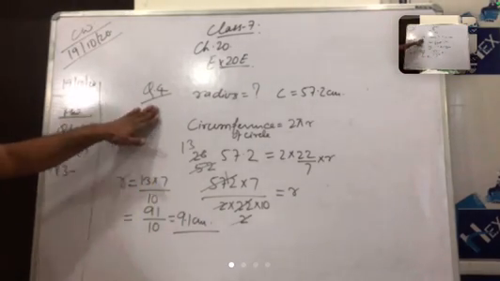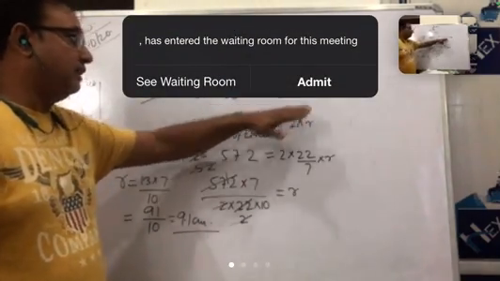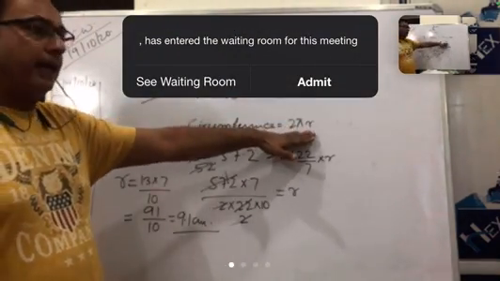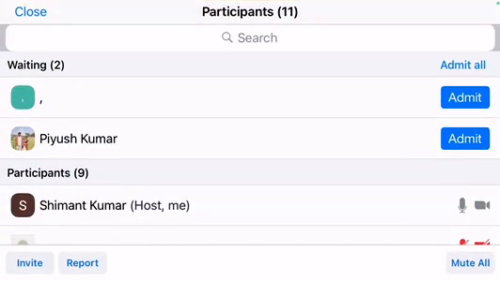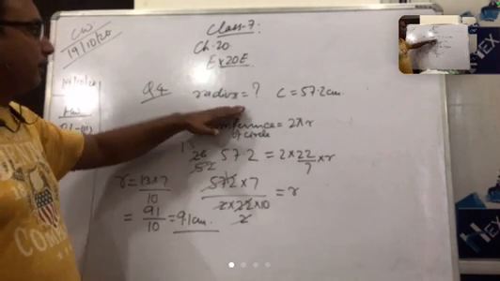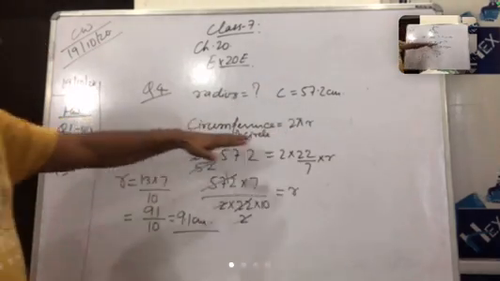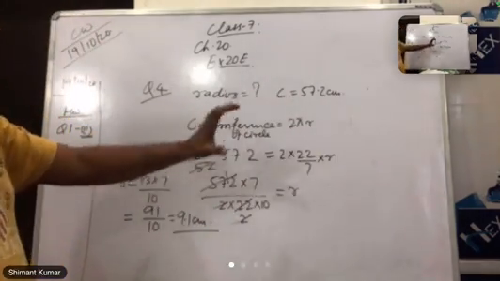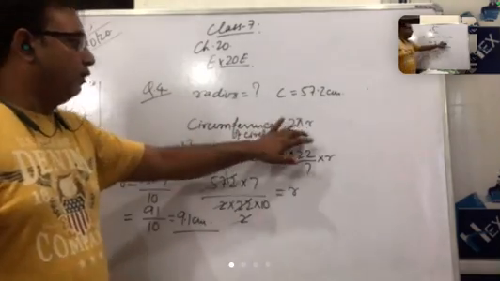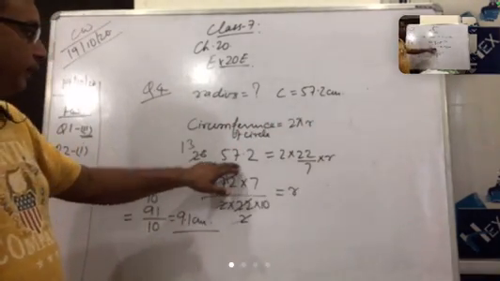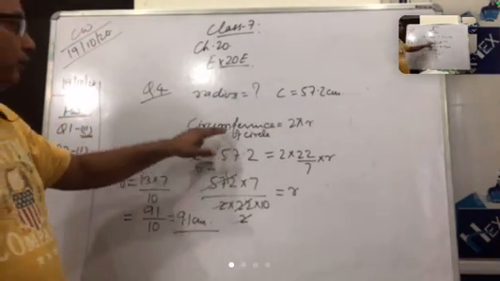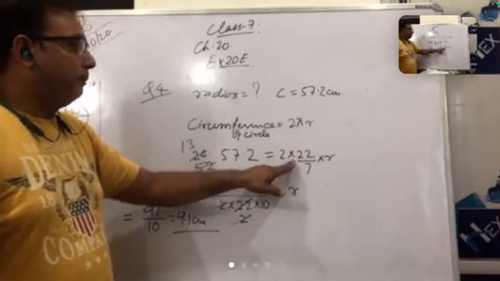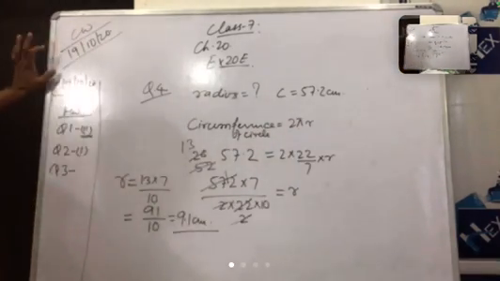I repeat question number 4. We have to find the radius and the circumference is given. So we can use both formulas, pi d or 2 pi r. But now we use 2 pi r only because we are using only one formula at a time. So the circumference is equal to 2 pi r. Circumference is 57.2, that is given. So we can write 57.2 below the circumference and 2 multiplied by, we know the value of pi is 22 upon 7.